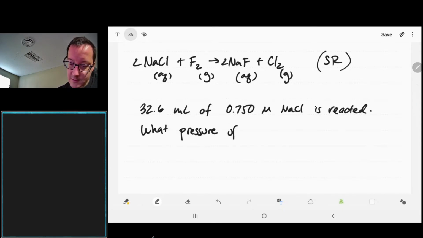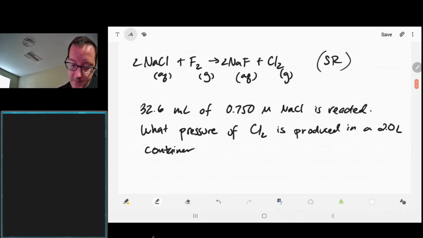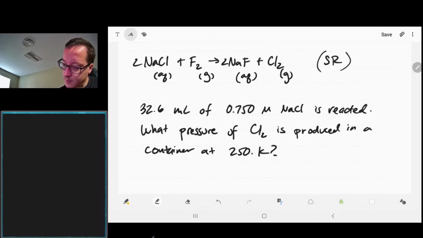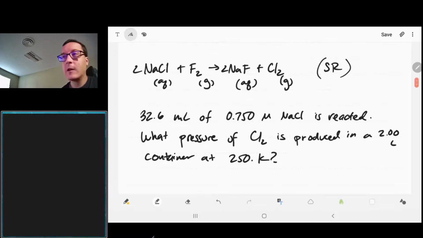What pressure of Cl2 is produced in a 2-liter container at 250 Kelvin? Let's just make that 3 sig figs. And let's say they say that I'm looking for atmospheres for this.